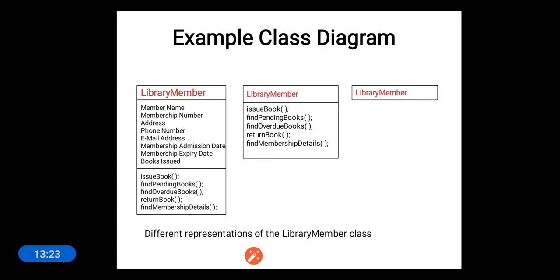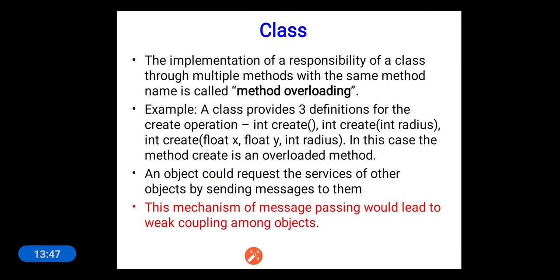In the first one, we represented the class diagram just by giving a class name. We had not mentioned its attributes and methods, but in the second representation we had given a class name and the methods, that is the operations of that class. And in the third one we are representing the class name, its attributes and methods or operations.